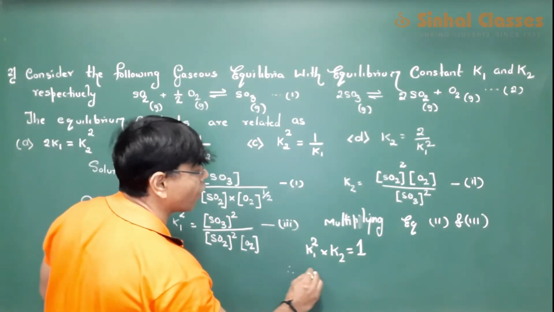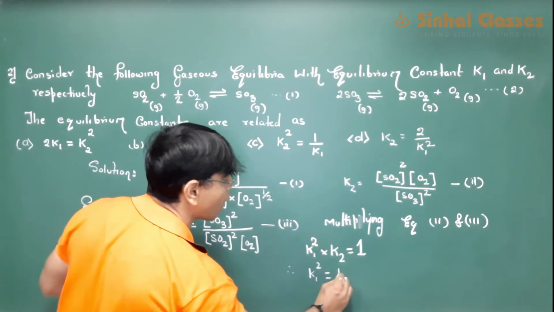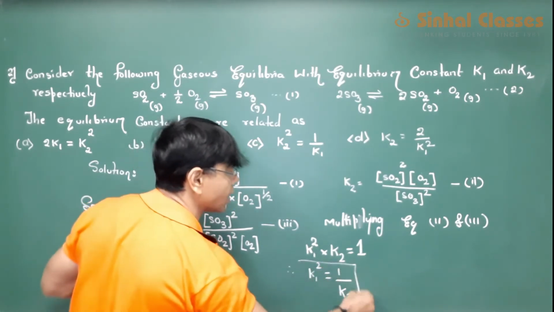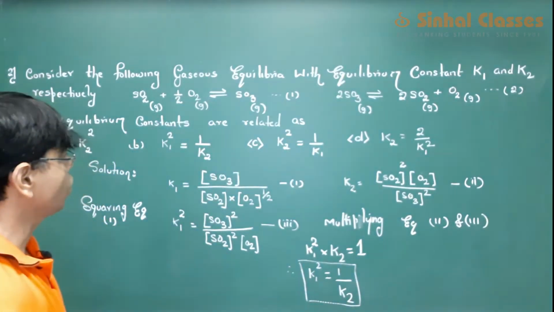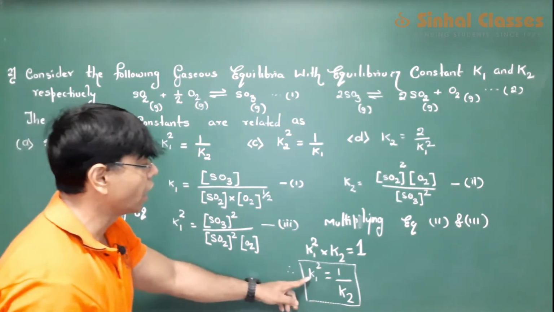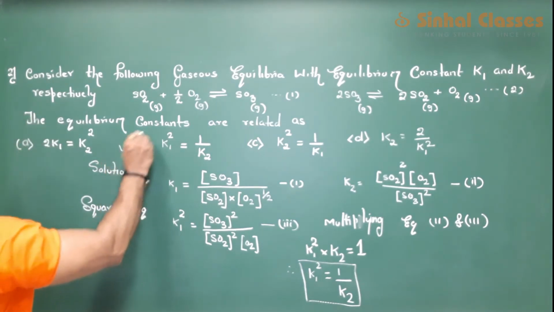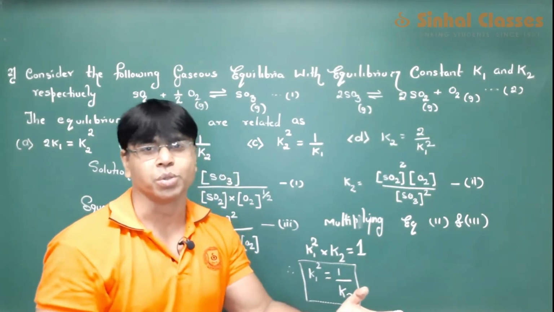So therefore, K1 square will be 1 upon K2. This is the relation between K1 and K2. So your option for this will be K1 square should be equal to 1 upon K2. So your answer is B for this question number 2.